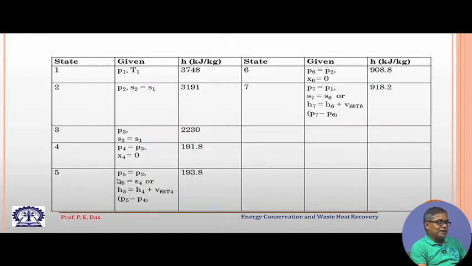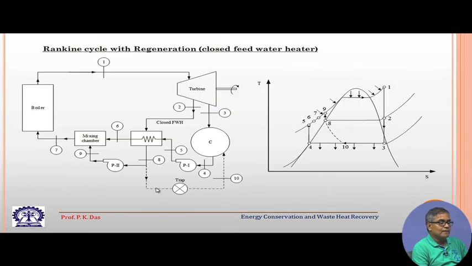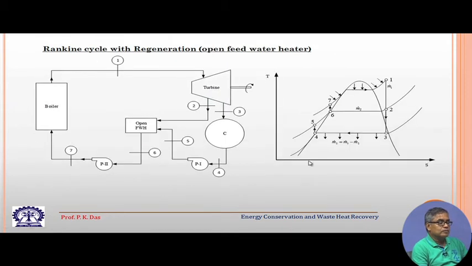At point 5, this is the condenser pressure, P5 is known, and then S5. Let me see point 5 once again. You see that it has been equated with point 2.